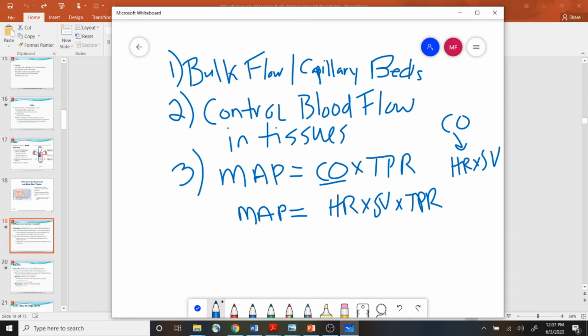And then finally, in continuation with mean arterial pressure, we're really going to start to narrow down the extrinsic control of it, in terms of how the body controls mean arterial pressure neurally. And we're going to look at the short-term regulation of mean arterial pressure, and that's called the baroreceptor reflex.